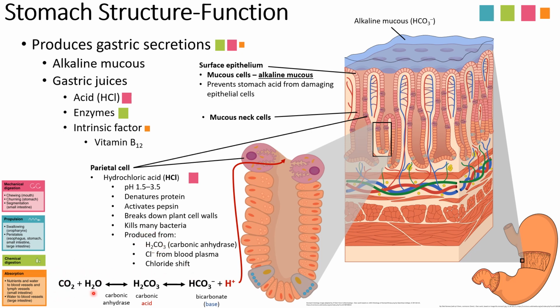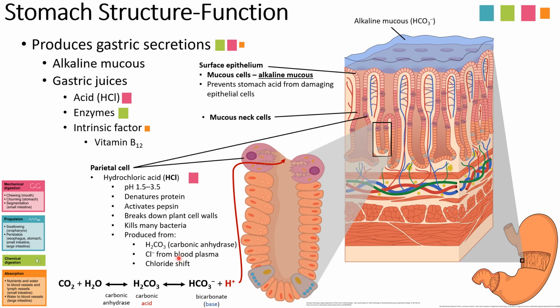Here we have our CO2 and H2O, our carbonic acid, and then that dissociates into bicarbonate, which is useful for mucus production, and then also protons, which can be used to bind with chloride to form HCl. And so effectively, what these parietal cells are doing is they're stripping off these protons from the bicarbonate or the carbonic acid, and they're releasing it and secreting it along with chloride from the blood plasma.